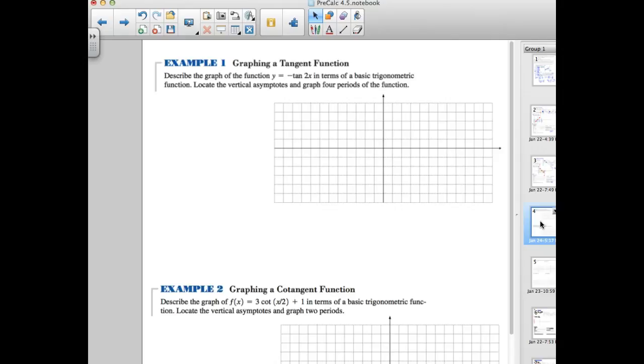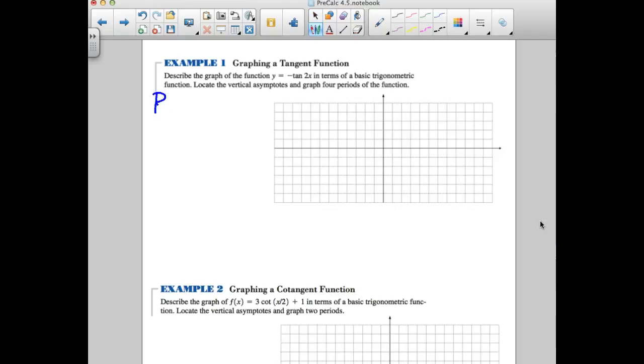Okay, what can you tell me about the graph? There's a reflection over the x-axis, same as everything else that we've been doing. Okay, what does that 2 do? Horizontal compression by a factor of 1/2.